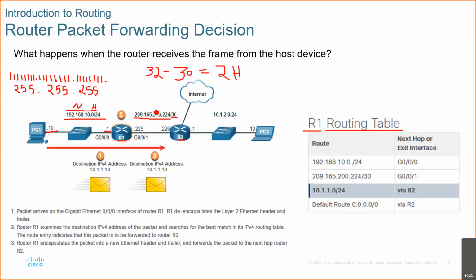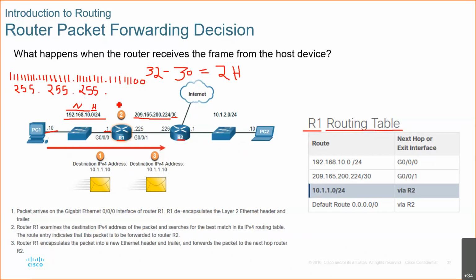You got 24 bits, but it's not 24, it's 30. So 24, 25, 26, 27, 28, 29, 30. The last 2 should be 0, 0.